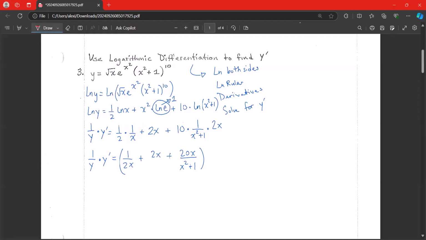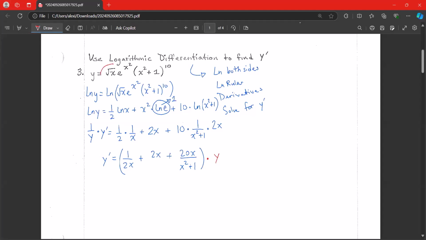Then we can multiply by y on both sides. And we'll end up with y prime equals 1 over 2x plus 2x plus 20x over x squared plus 1 times y.